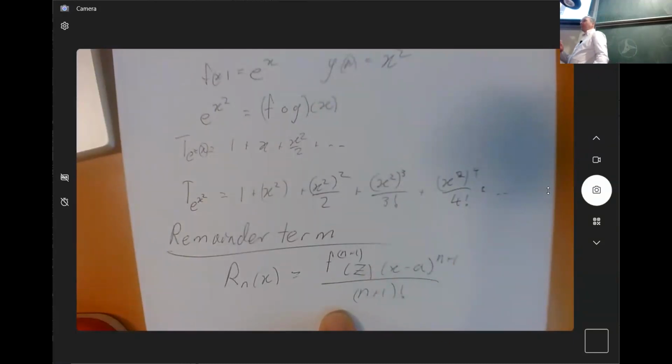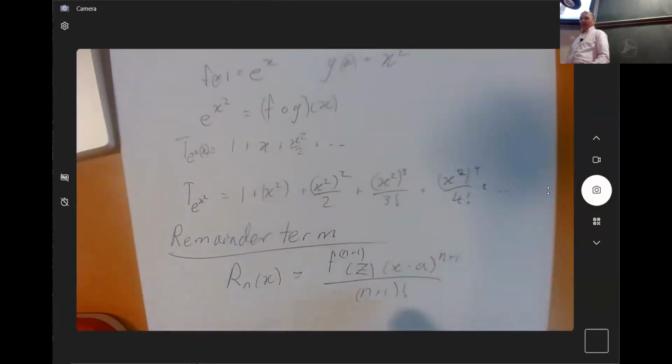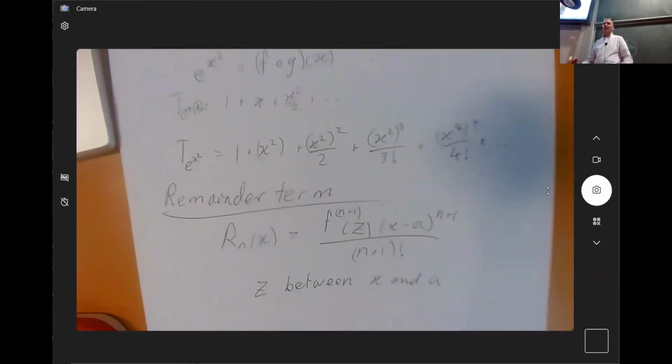This is the beauty of what Taylor actually did. We had this idea about creating polynomial approximations, but Taylor's going, actually, I can choose a z, between x and a. It doesn't matter which side of a x falls. Here a is the point you expanded your Taylor series around, the center. There are lots of ways of talking about that value a.